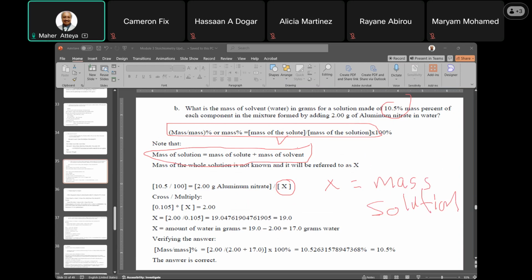Okay, so you get X is 19. And you have 2 of this, which is the solute. So 19 minus 2 will give you 17. So the answer is 17.